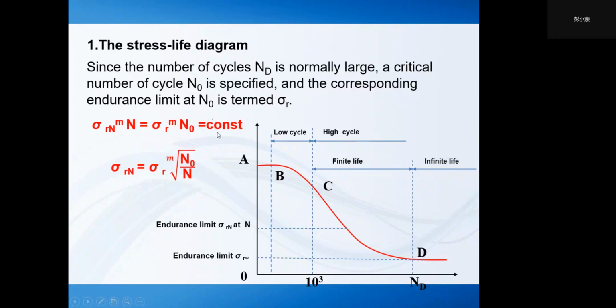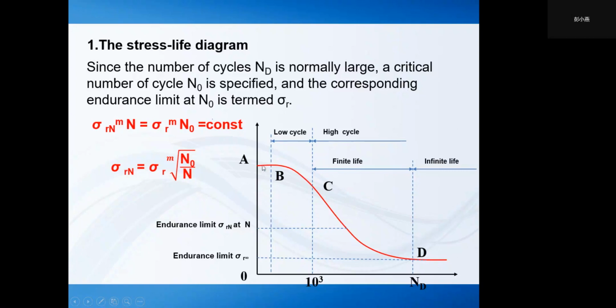We have this: the m's power of sigma RN times N is equal to the m's power of sigma R times N0, and it's constant. And m is a material constant and decided by test. For shear and bending, m is 9.